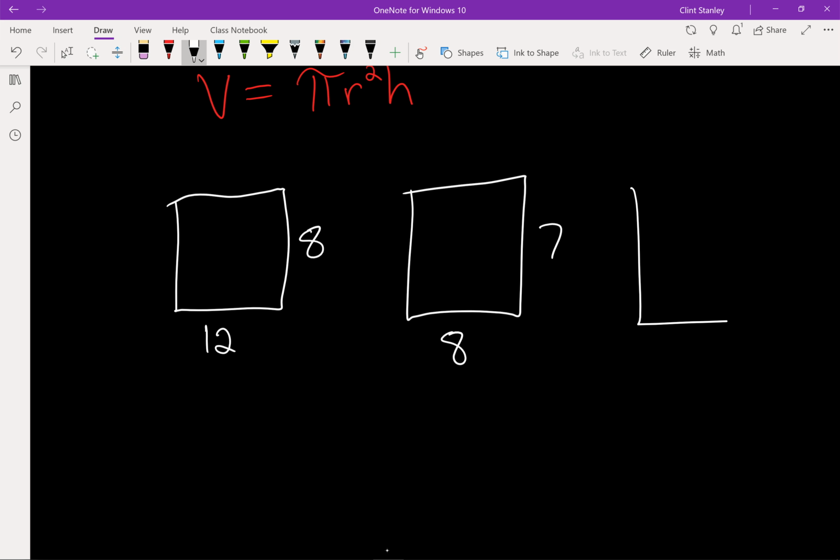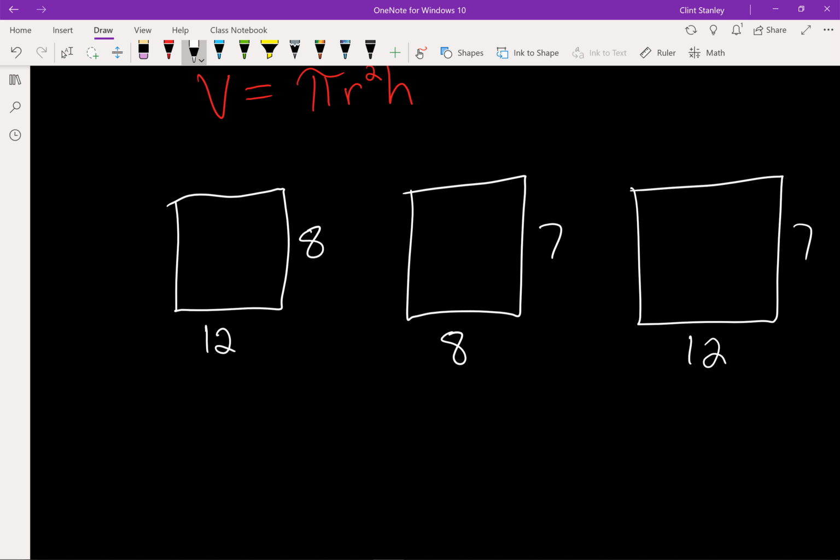And then we would have 2 more sides that would be 12 by 7. So maybe this is front and back, and then the middle one is top and bottom, and then we've got left and right for the last one.